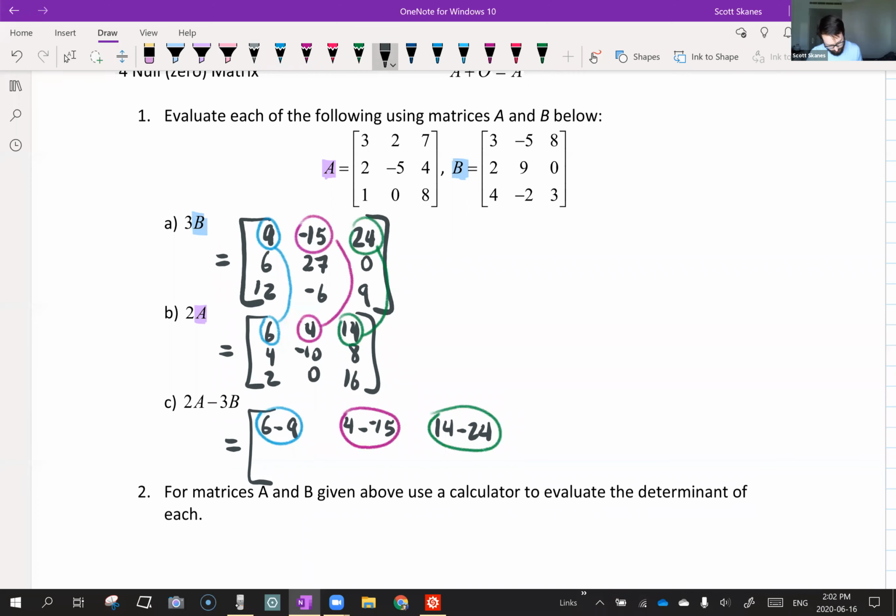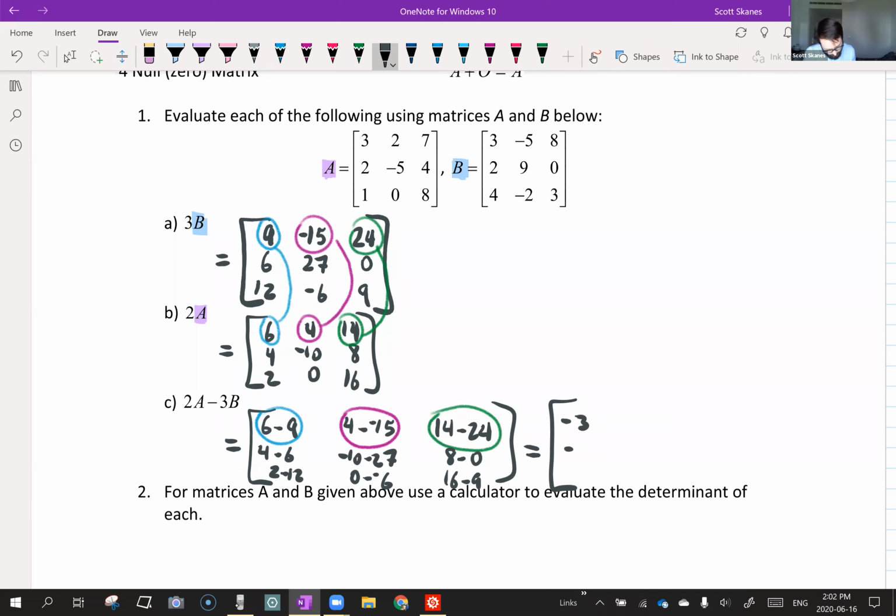We're just subtracting them. So 4 minus 6, negative 10 minus 27, 8 minus 0, 2 minus 12, 0 minus negative 6, and 16 minus 9. So hopefully that's clear to you. I just need to do all of those calculations and I'll get another 3 by 3 matrix.